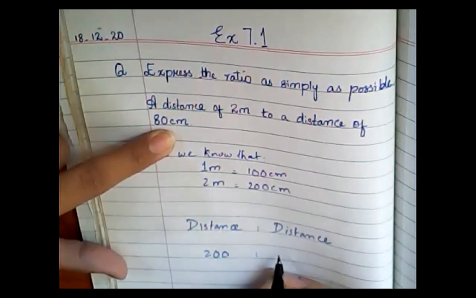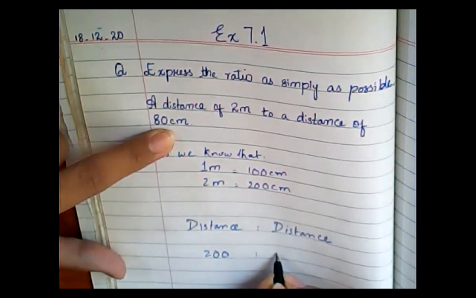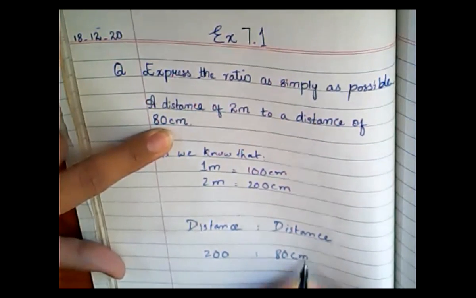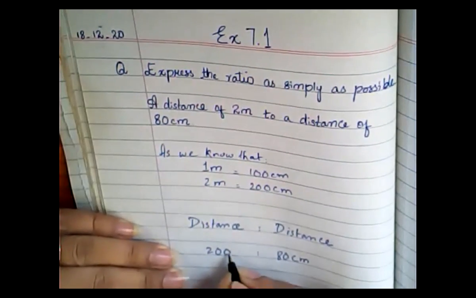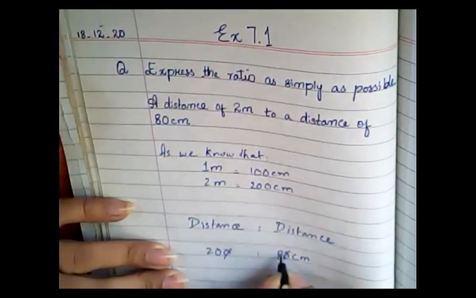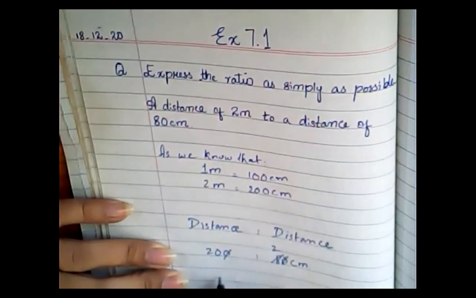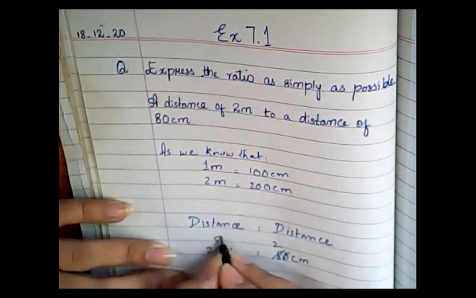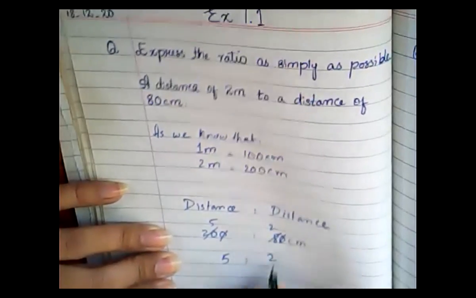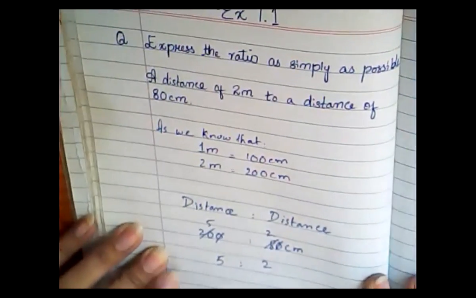So I have written 200 centimeter ratio 80 centimeter, right? So here zeros and zeros will be cancelled over here, and here 4 twos are 8 and 4 fives are 20. So I get here 5 ratio 2. 5 ratio 2. Is it clear now?